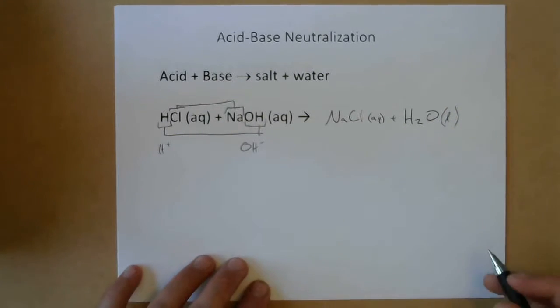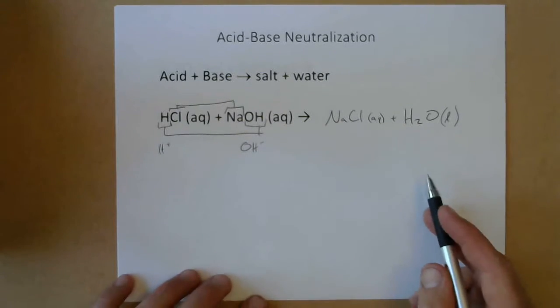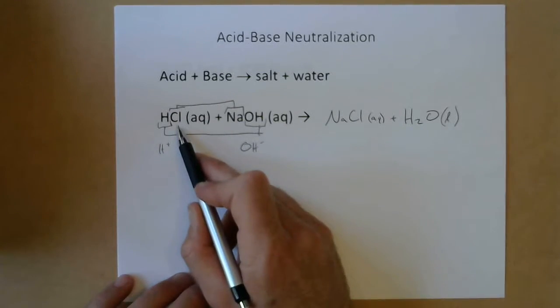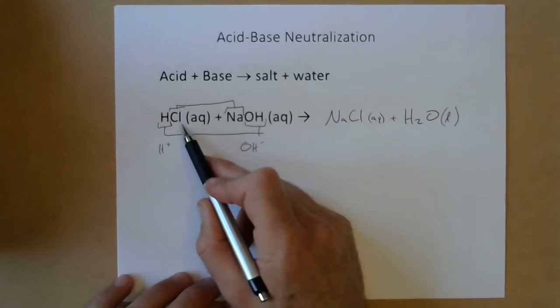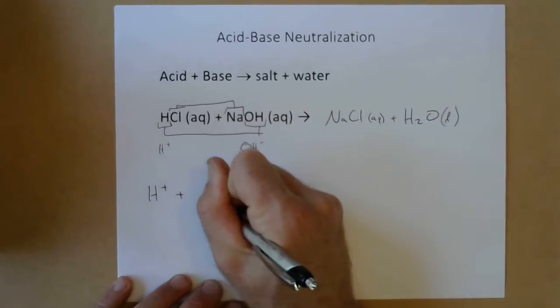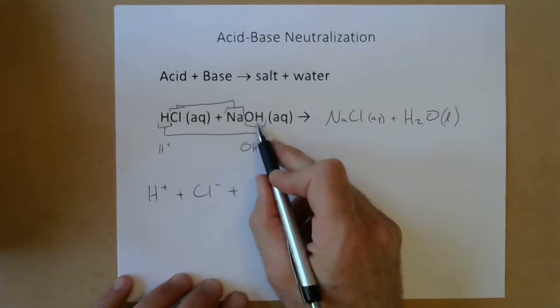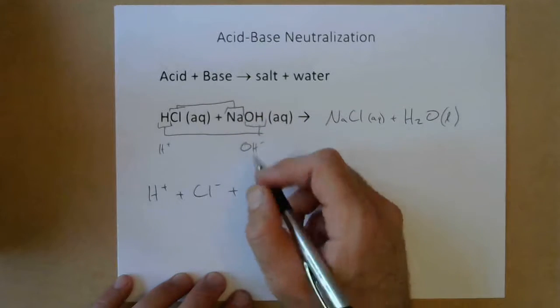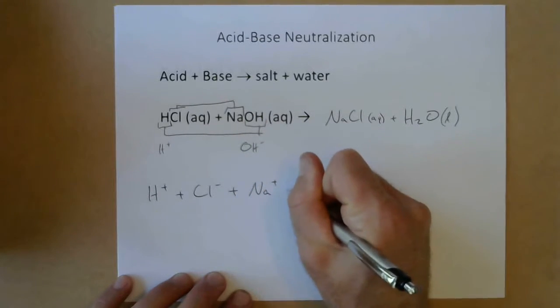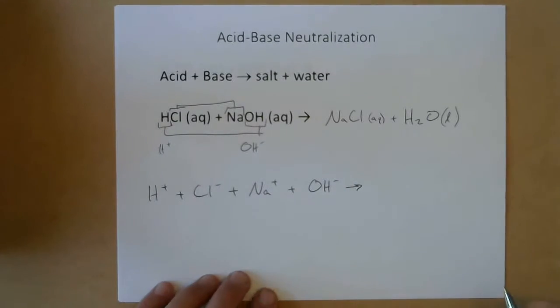next to it. And so if I want to do an ionic and then net ionic equation for this reaction, hydrochloric acid is a strong acid. Since it's a strong acid, it completely dissociates, so really it's present as hydrogen ions and chloride ions. And then sodium hydroxide is a strong base, so really it's present as sodium ions and hydroxide ions in a solution.